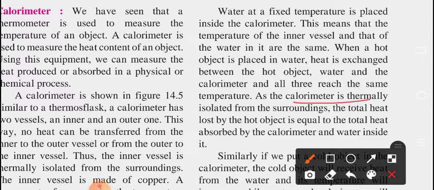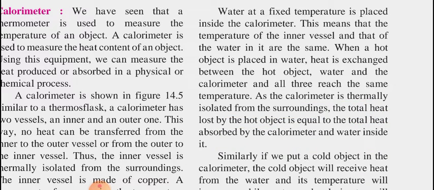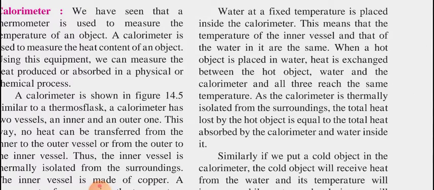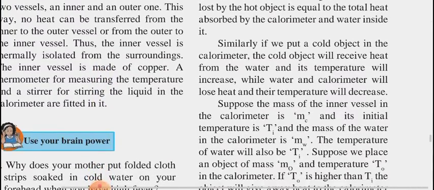As the calorimeter is thermally isolated from the surrounding, the total heat lost by the hot object is equal to the total heat absorbed by the calorimeter and the water inside it. So we can say that heat gets exchanged between the objects.